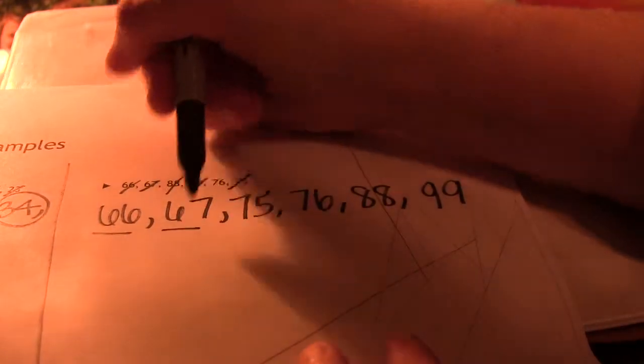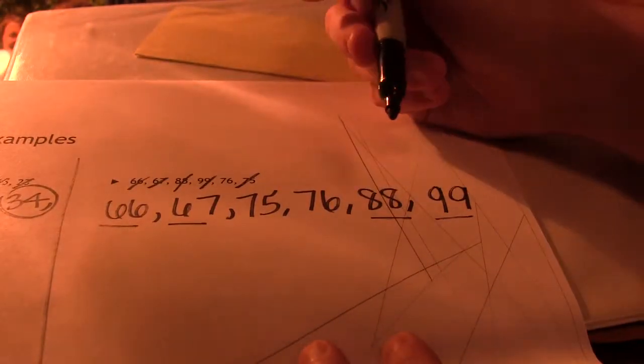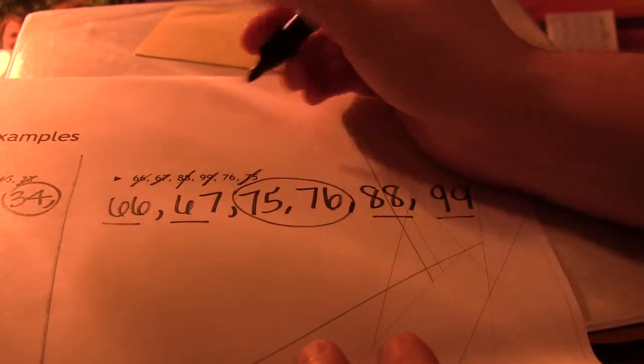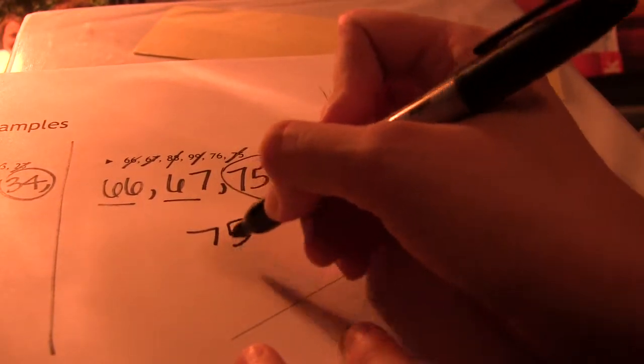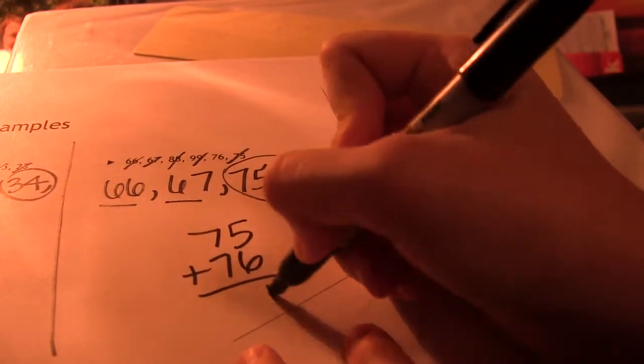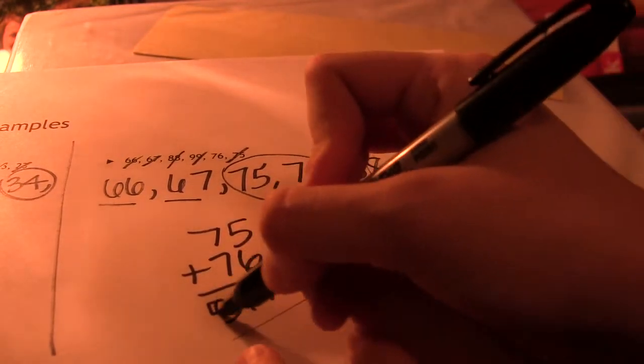Count over. We have two numbers in the middle. Therefore, we have to add them and divide by 2. So 75 plus 76 is 151.